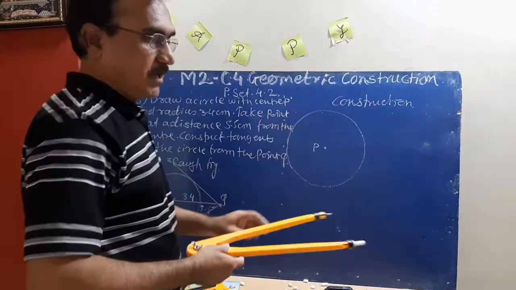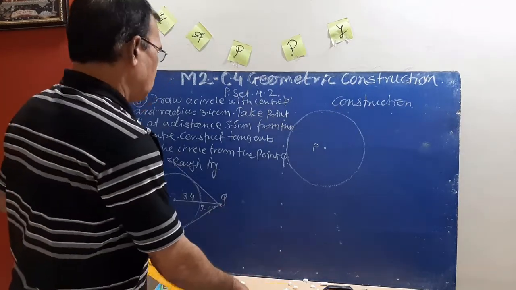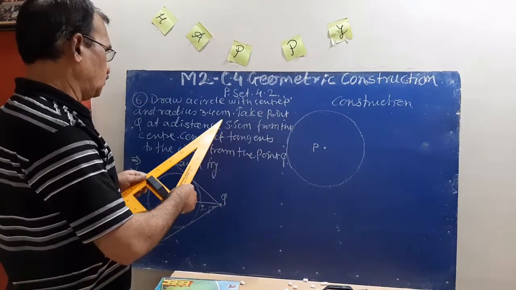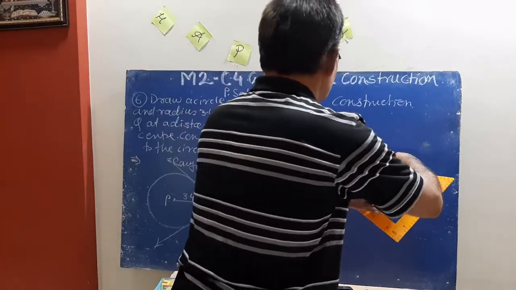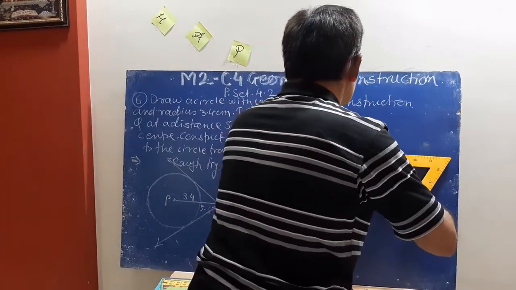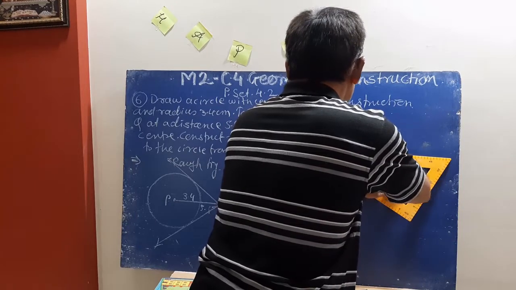This is the circle having radius 3.4. Then take a point Q at 5.5 from the center.